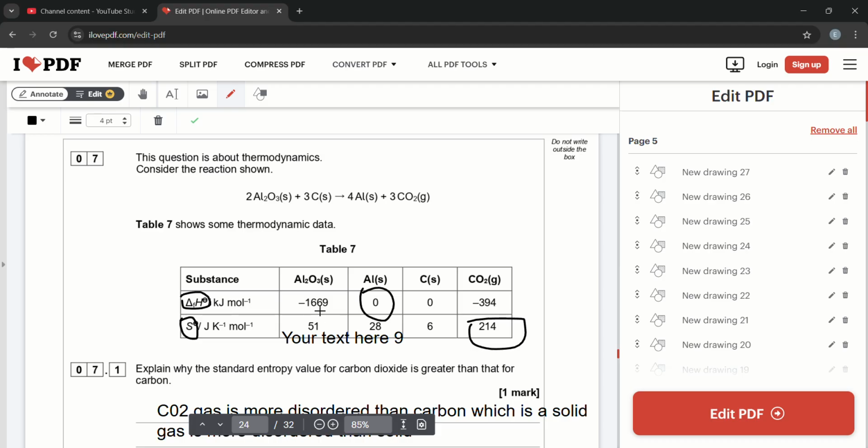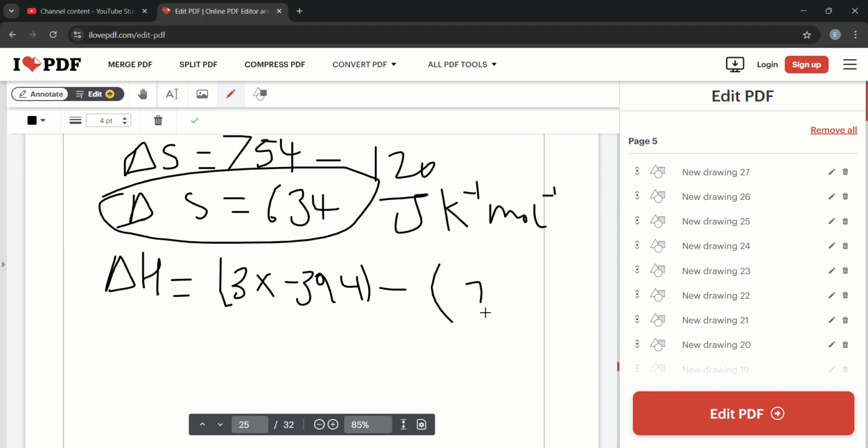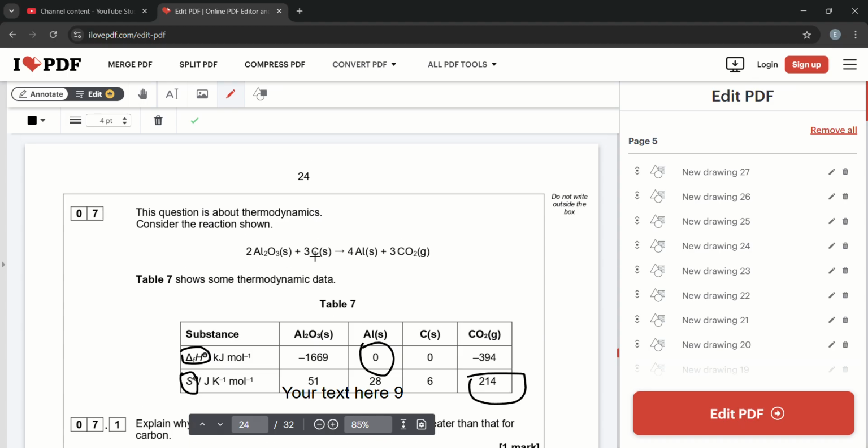Minus 2Al2O3, 2 times minus 1669. Are there any other reactants? Well, you've got 3 carbon, but it's an element by itself, so it's 0.